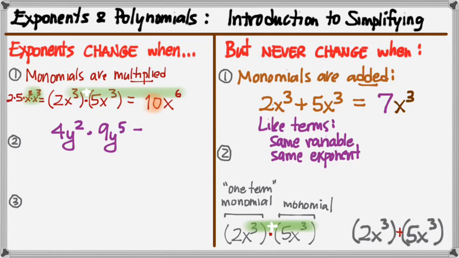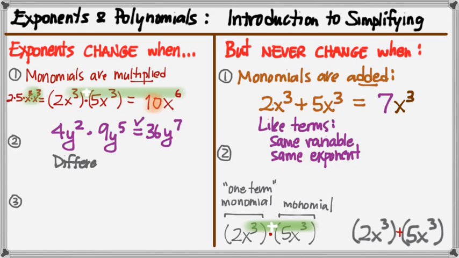We can actually make that simpler. First of all, how many powers of y would we get? There we would add the exponents because we're multiplying 2 monomials, so y to the 7th, and the coefficient would be 4 times 9, 36.